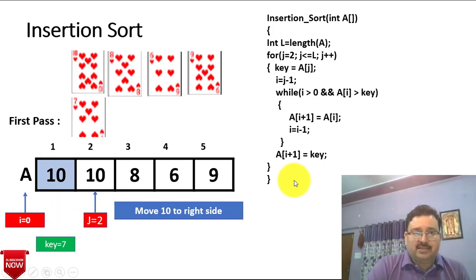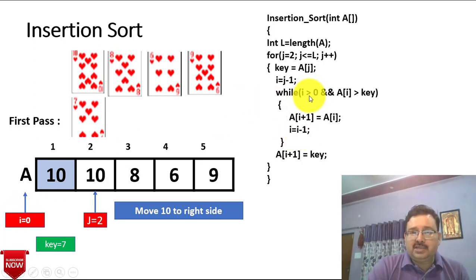So we are shifting the value 10 to the second position, and the resulting array will be this. So we have overwritten the value at the second position with 10. Don't worry, our key value is already stored in the variable key, that is 7. So there is no loss of data. Now again decrease i by 1, that is 0.